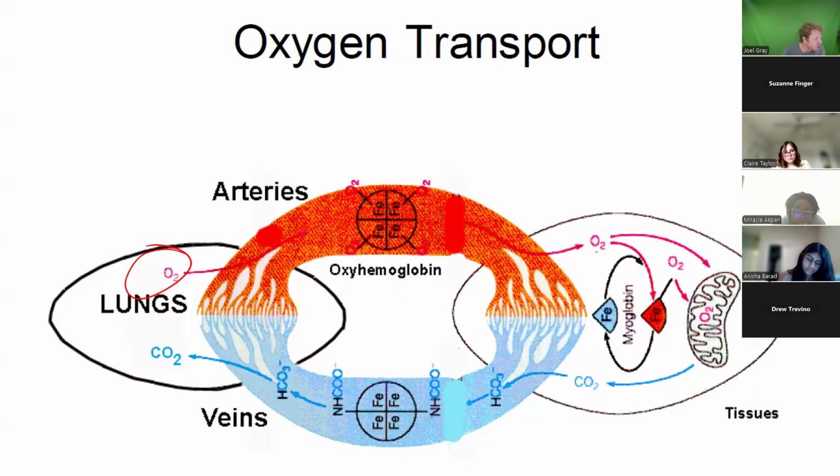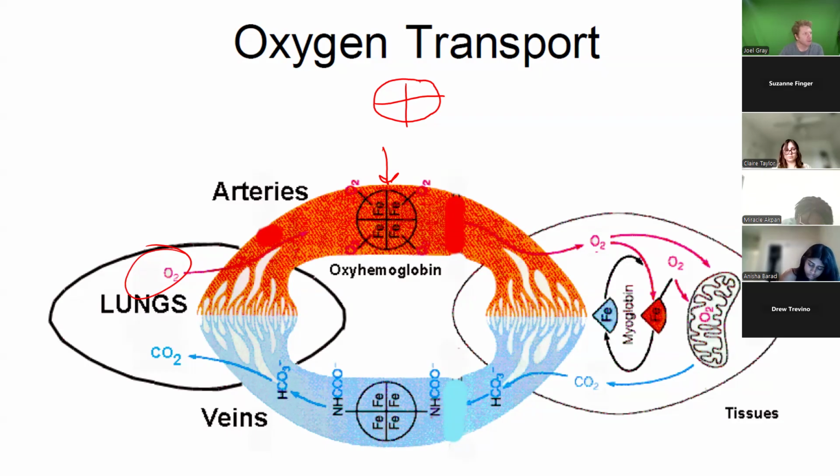Now, if you look closely at this model right here, what I want you to see is it kind of looks like a Trivial Pursuit piece, but rather than having like 8 pieces, it's instead got 4. That is meant to represent the 4 different subunits of hemoglobin. So hemoglobin is a tetramer. And that is the quaternary structure of this protein.